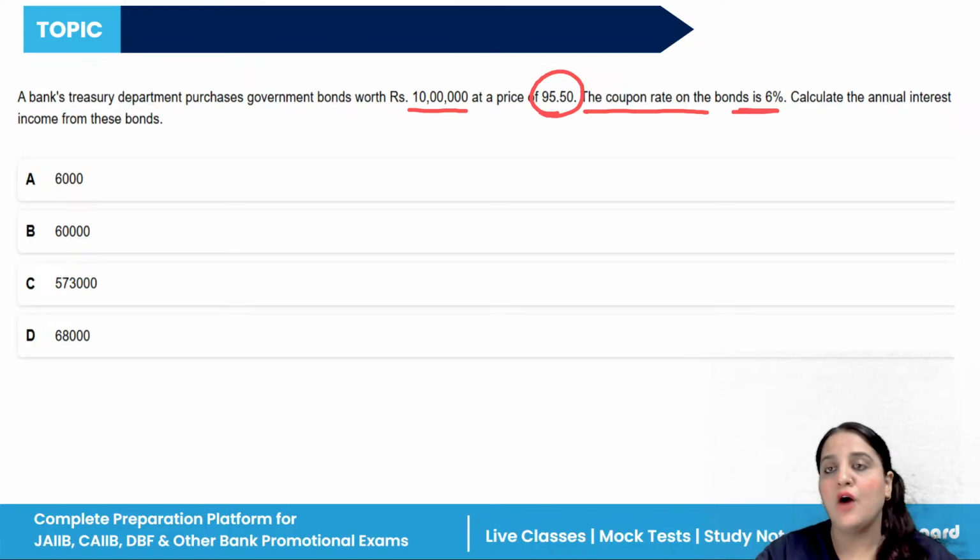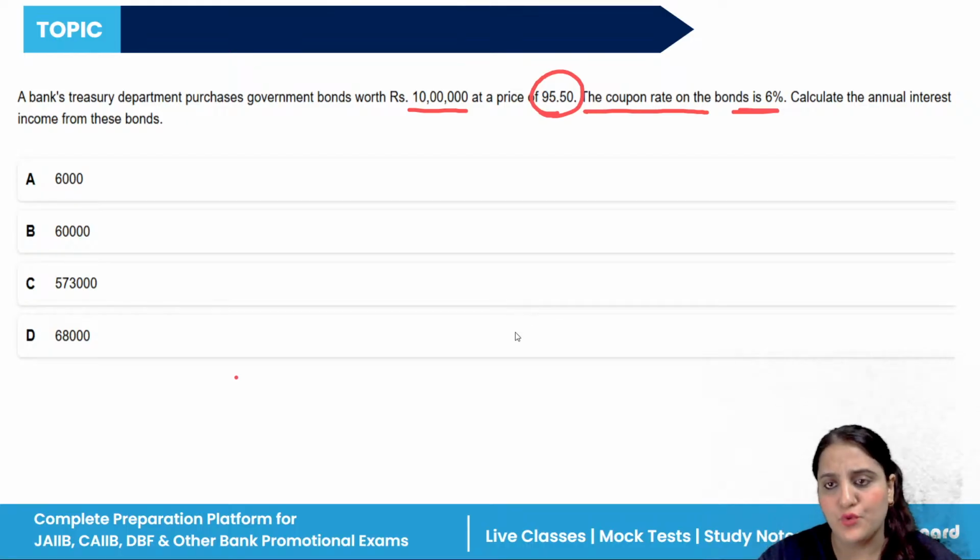How can we calculate this? See here, very simple is this.